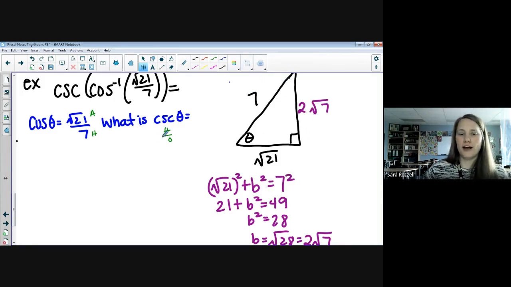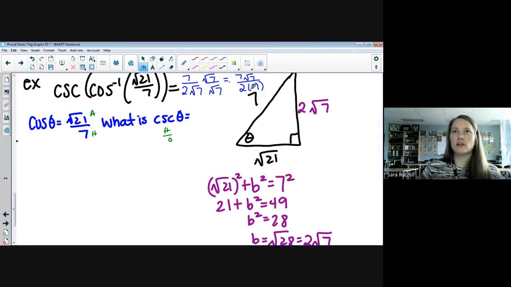I'll work this simplifying just because it's a little weird to do. So cosecant is hypotenuse over opposite. So 7 over 2 root 7. And we have to do root 7 on top and bottom. So I'll have 7 root 7 over 2 times 7.